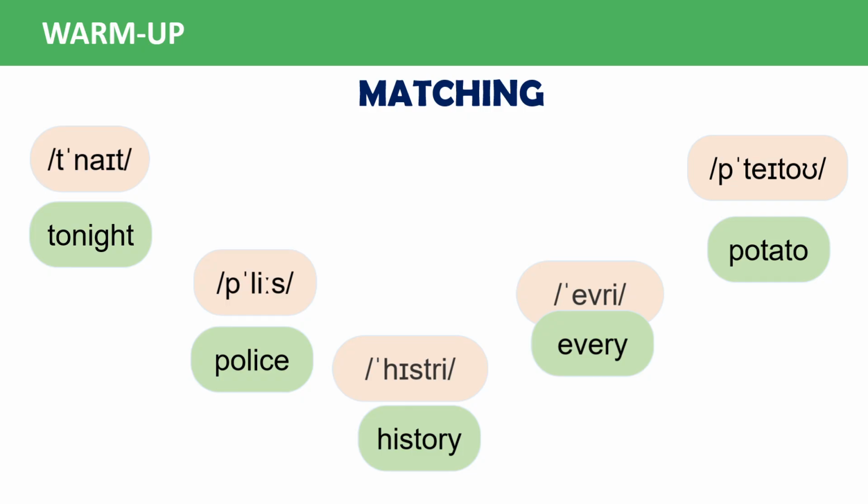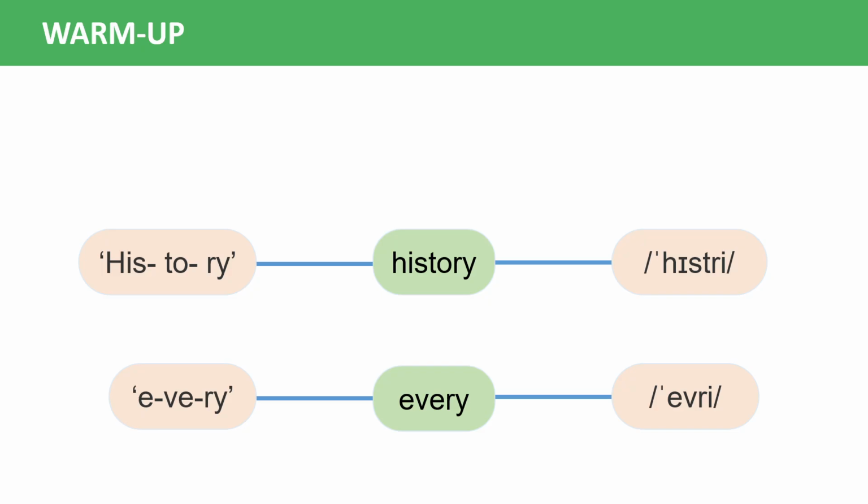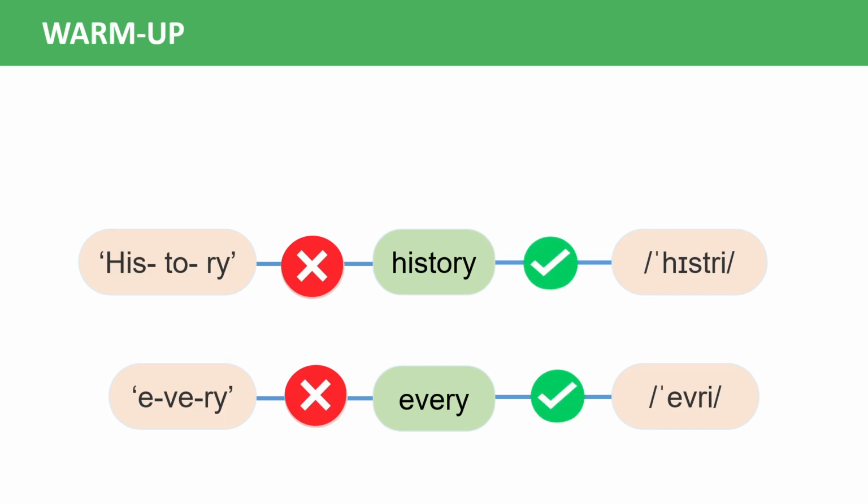And we'll learn more about this in the next activity. Look at the slide. We don't pronounce history or every. In fact, we will skip the vowel as we say history, every.